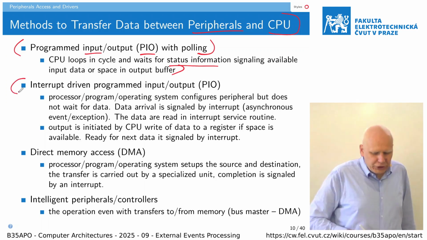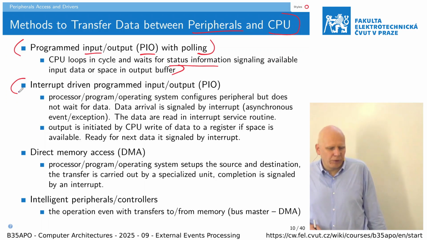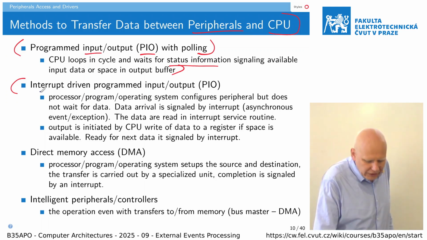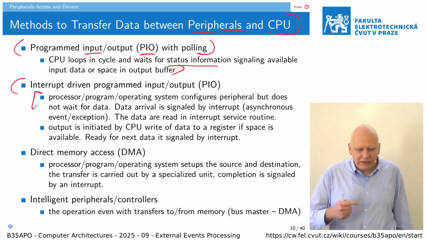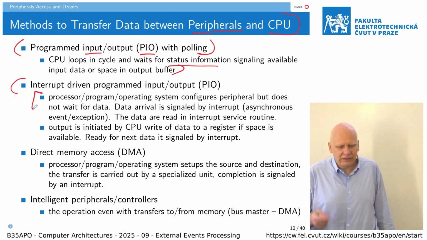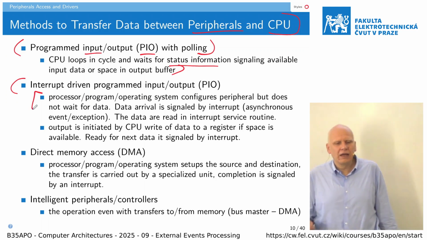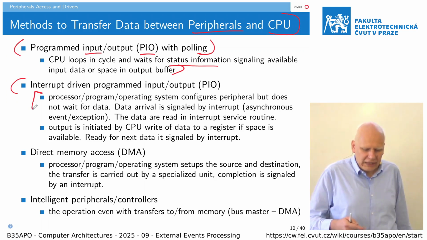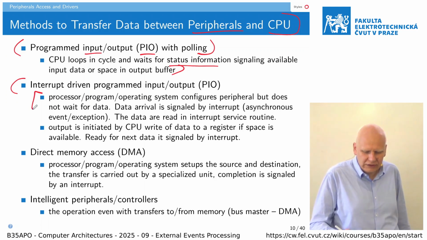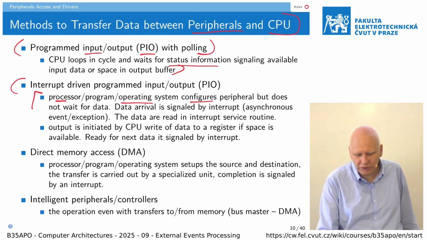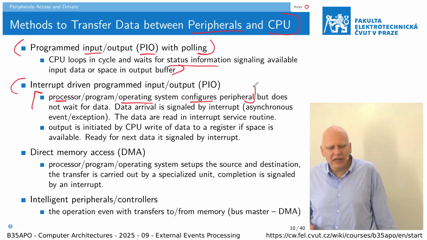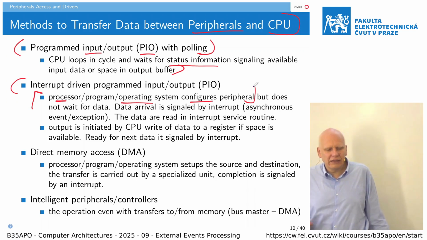Then another option is interrupt-driven programmed input-output, which helps the processor so that it doesn't need to waste cycles when there are no new data available on a given peripheral, or there is no space for the output data. In this case, your program, processor or operating system configures a peripheral, but it doesn't wait until the data are available.